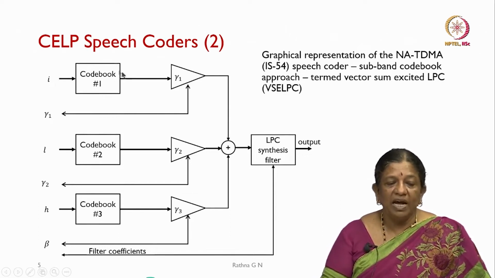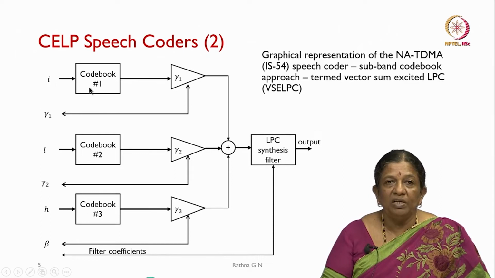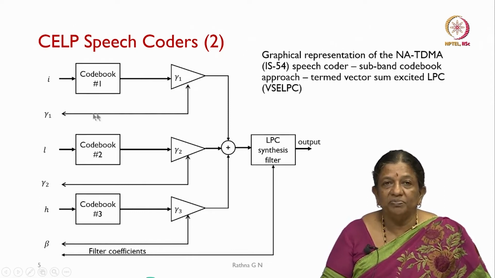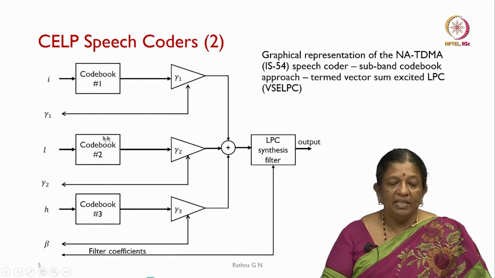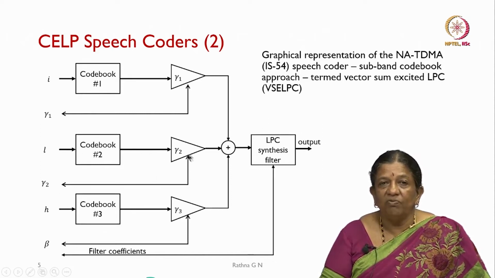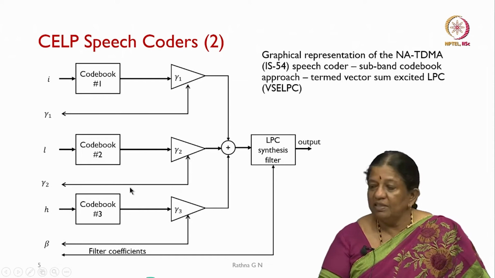This is our I, that is codebook 1, and this is y1, the output. The y1 goes as input and then comes out, and then we have a codebook whose input is part of L actually, and this is our y2, and then the gain, whatever you are putting into the system.